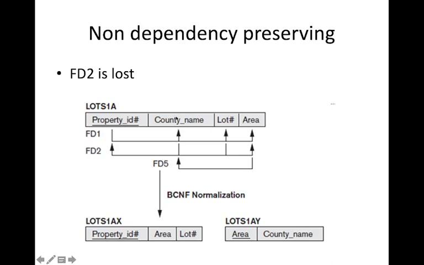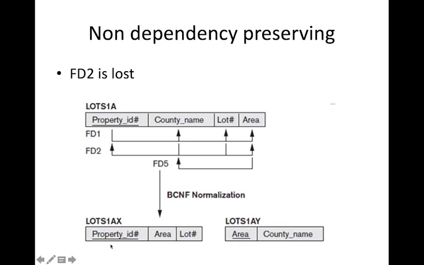But it is not in BCNF, because area is not a super key. So if we normalize, we decompose this relation into two: property ID, area, lot number in one relation, and area and county name in the other. So we have removed this functional dependency and kept it in a separate table. Now both these tables are in BCNF.